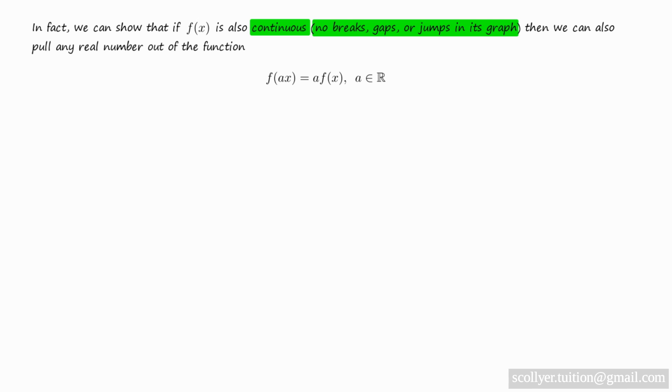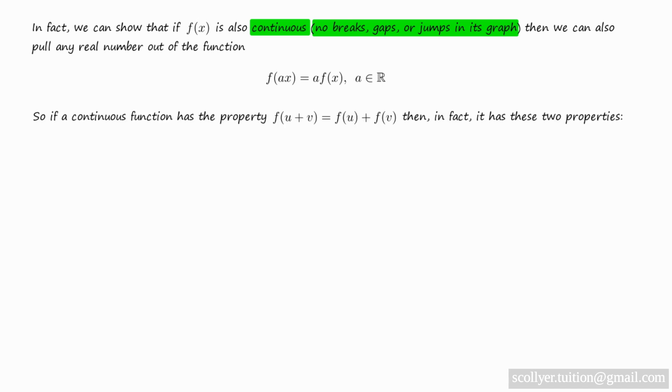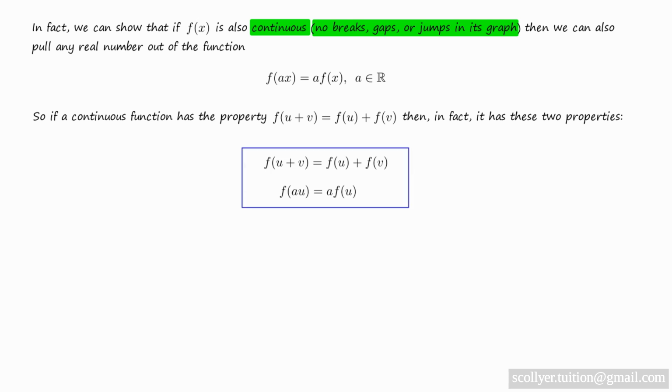So the property f of ax equals a times f of x for all real numbers a is true. And so if a continuous function has the property f of u plus v equals f of u plus f of v then in fact it has these two properties. And a function with these two properties is called a linear function.